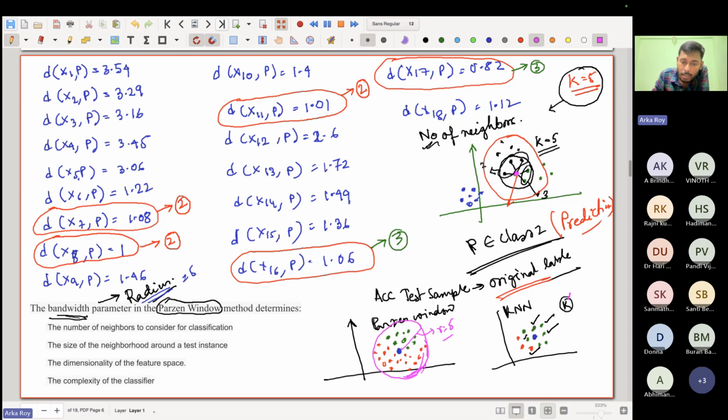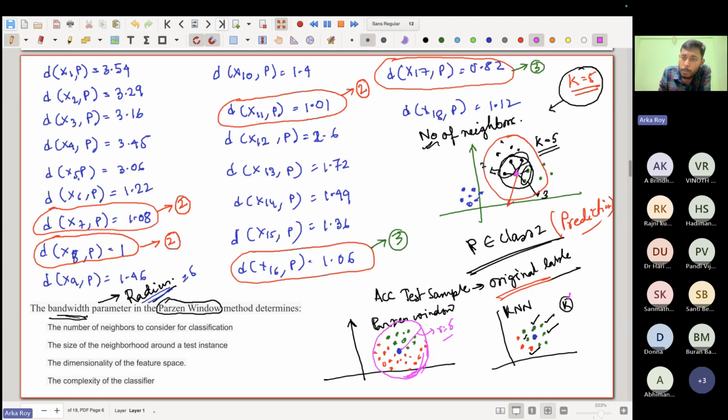And if I construct this r equal to 5 circle, then whatever number of data points come under this particular circle, I have to consider all the data points to make the decision whether the new data point belongs to class omega 1 or class omega 2, or green class or red class. So therefore, this particular question states that the bandwidth parameter in partition window method determines the number of neighbors considered for the classification.